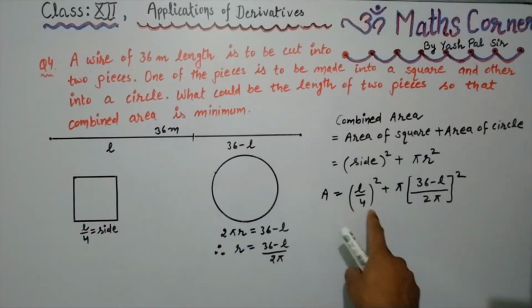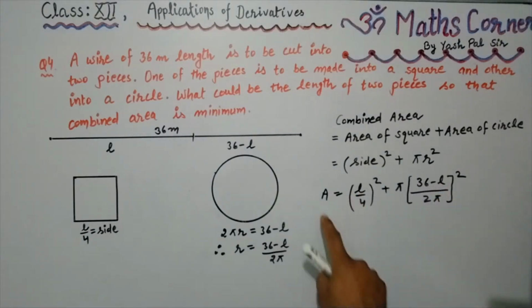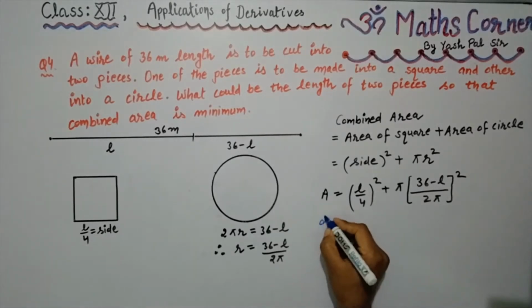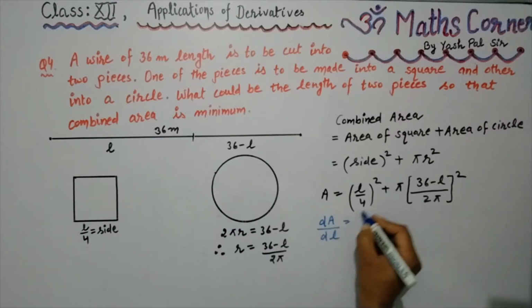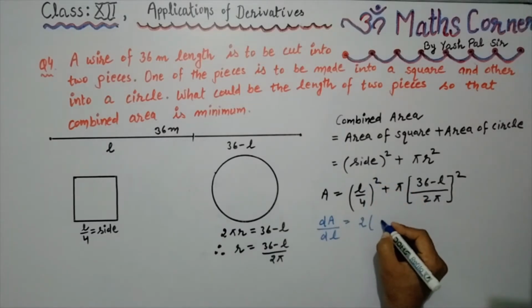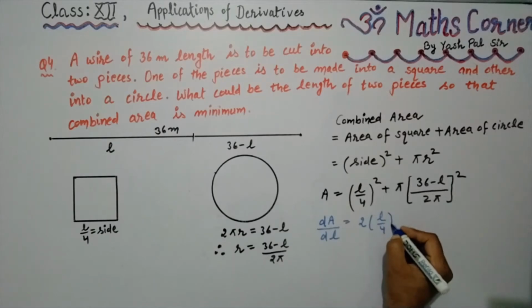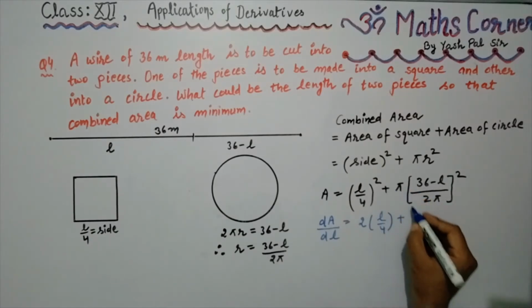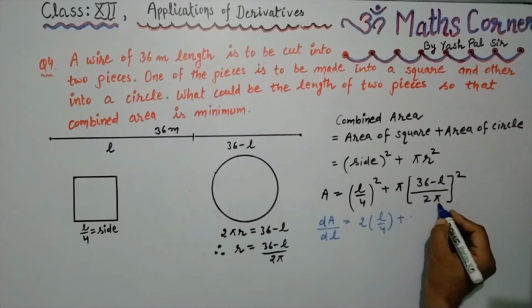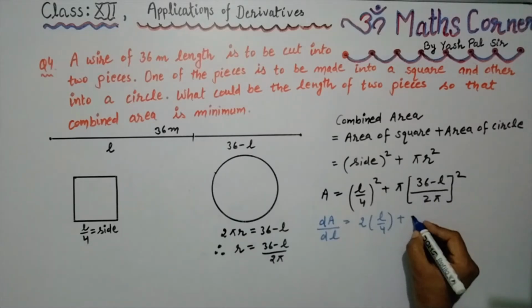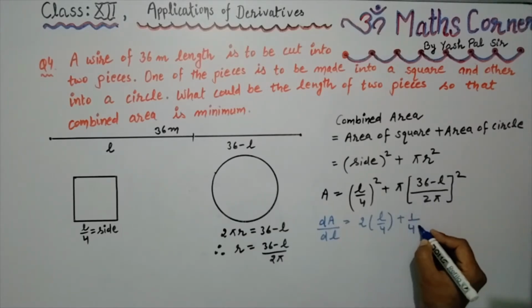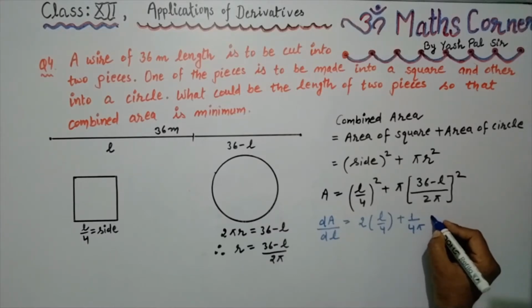In order to find the minimum area, we differentiate this function. Here L is the variable, with respect to L. So first order derivative of combined area, we write it as derivative of area with respect to L. This is 2 into L upon 4 plus pi upon 2 pi whole square, that is 1 upon 4 pi.